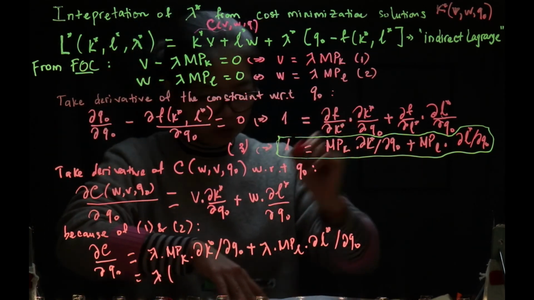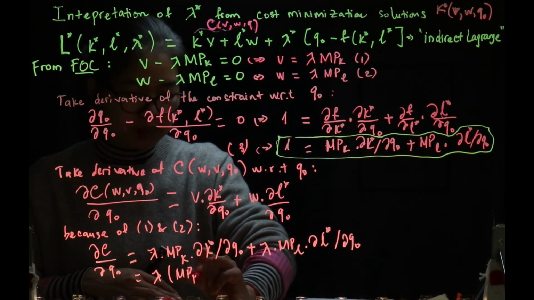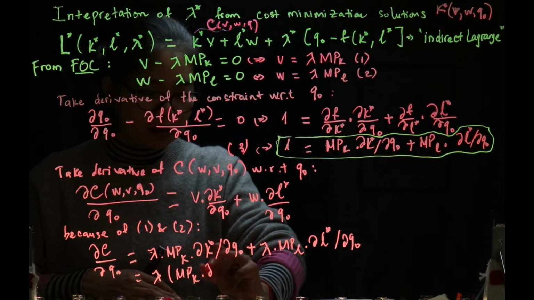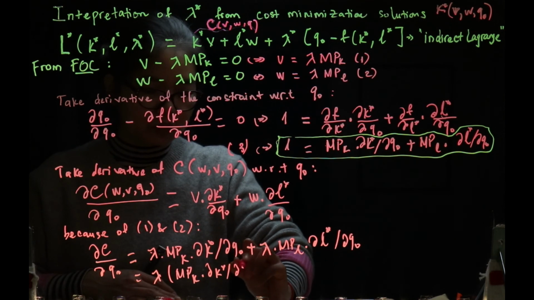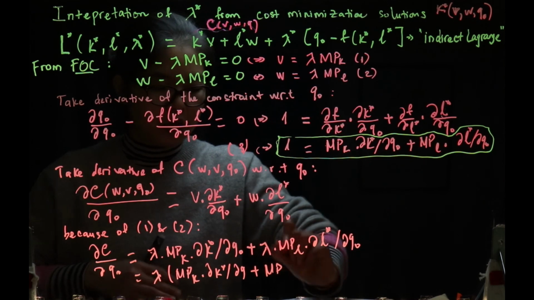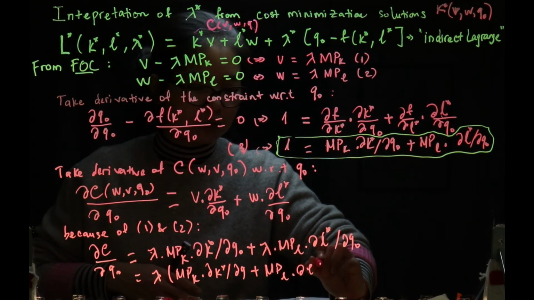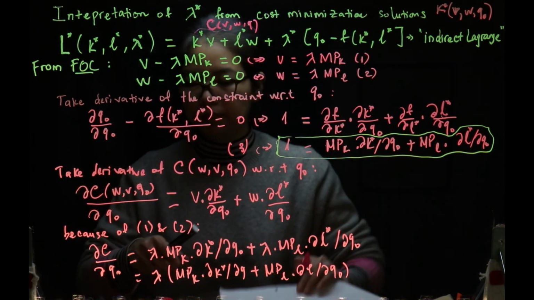Inside we still have MPK times the derivative of K star with respect to Q0, plus MPL times the derivative of L star with respect to Q0.